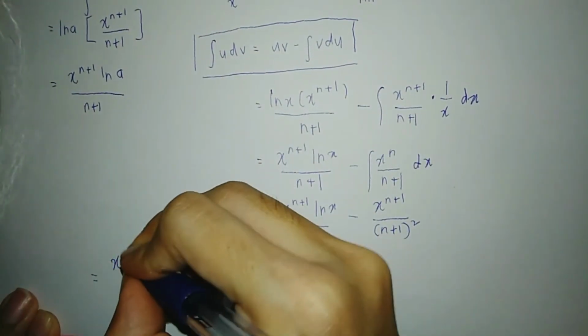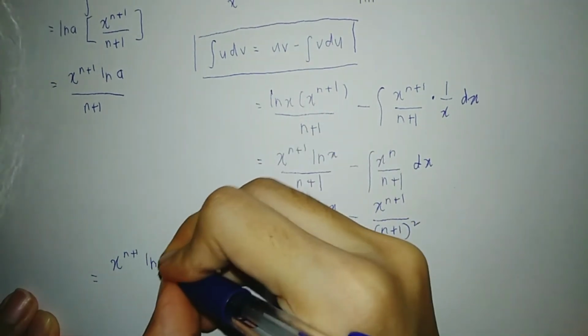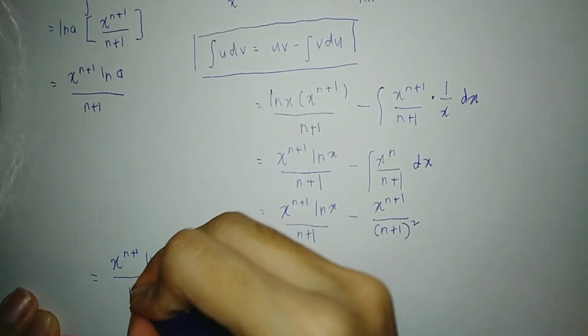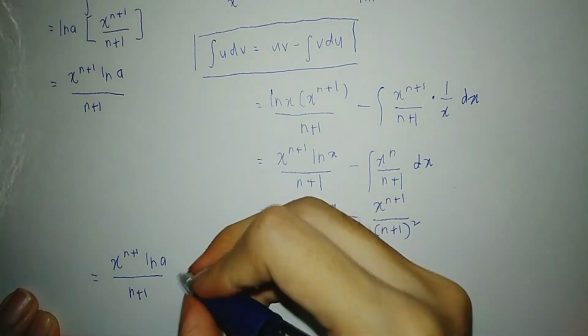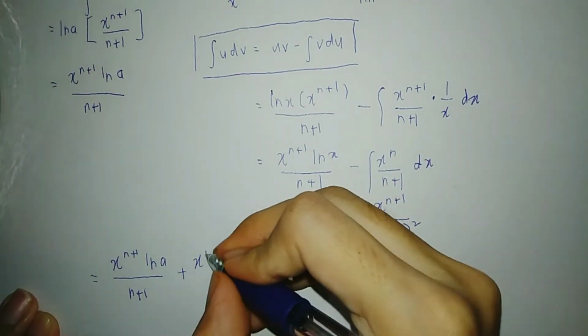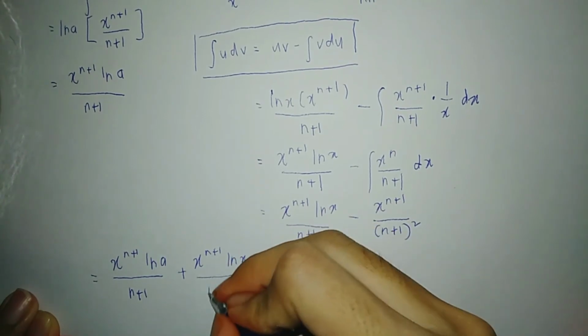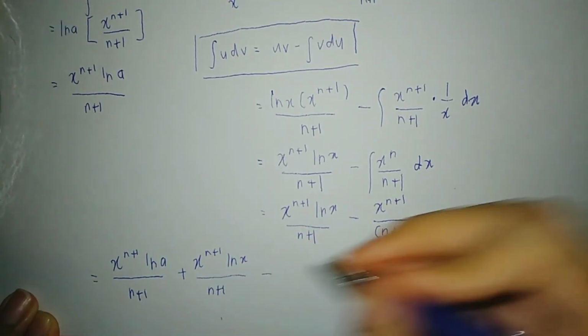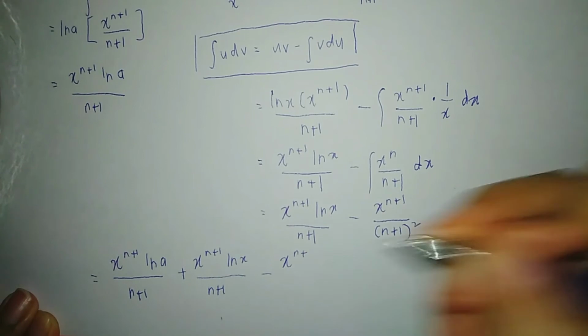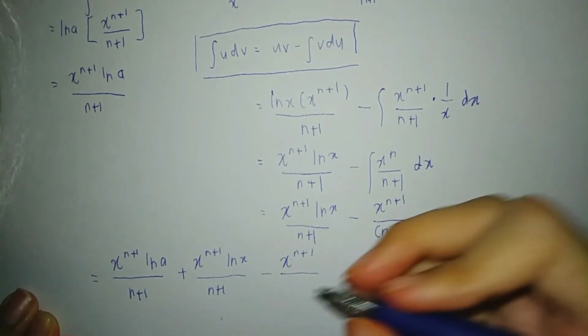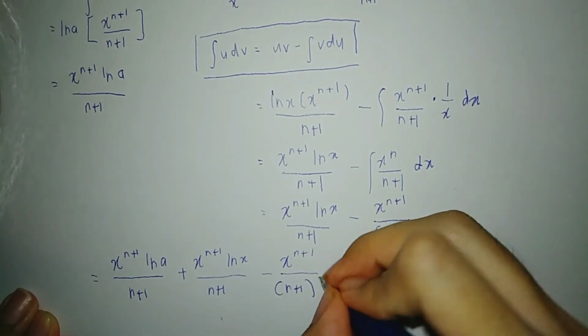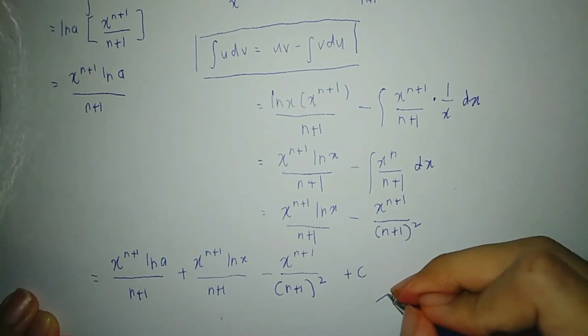The final answer is x to the power of n plus 1 ln a over n plus 1 plus x to the power of n plus 1 ln x over n plus 1 minus x to the power of n plus 1 over n plus 1 to the power of 2 plus c.